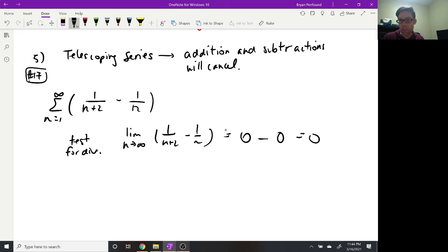So the test for divergence doesn't really give us any information, because whenever I get a limit of 0, that's something I should expect. It doesn't mean that my original series has to converge. It just tells me that the series doesn't diverge. Well, that's false. It tells me that I can't conclude that the series diverges.